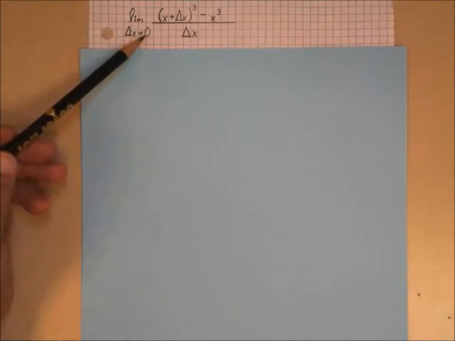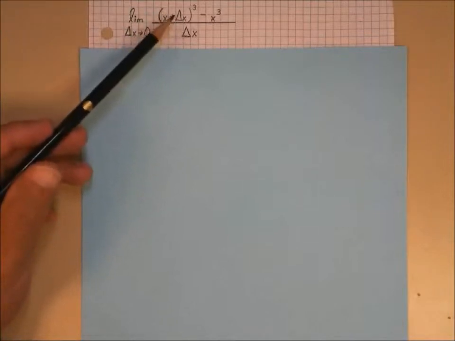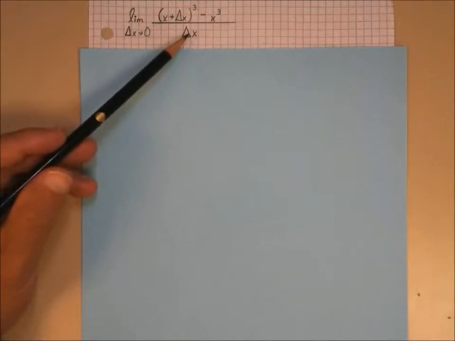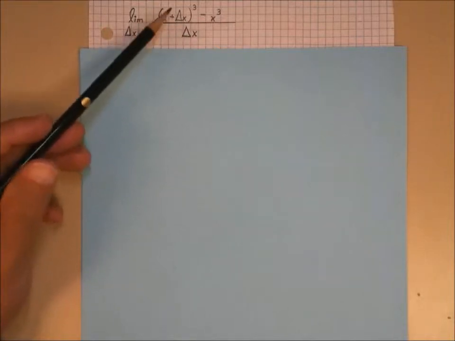Notice that if you put a 0 into delta x, you're going to get an undefined function here. So what I'm thinking is if there's a way that we can mark that out, simplify that out, then we could have a situation where we can find the limit, because every other point would still agree.